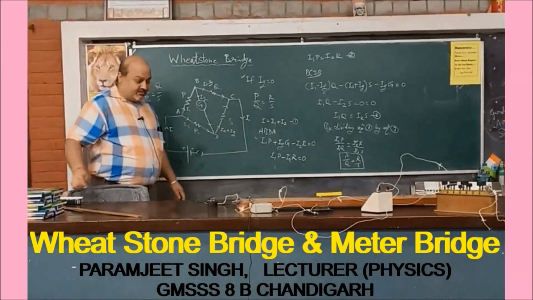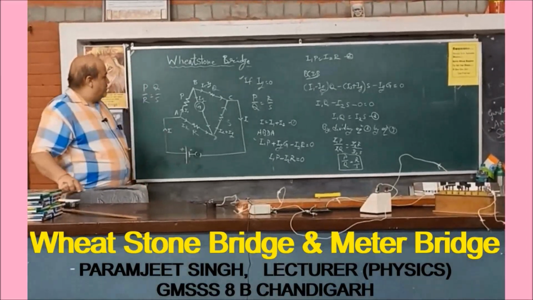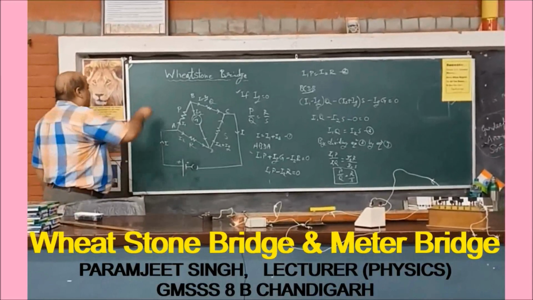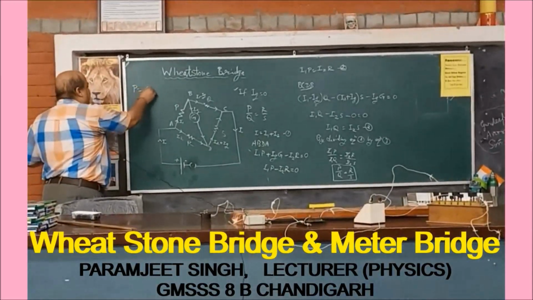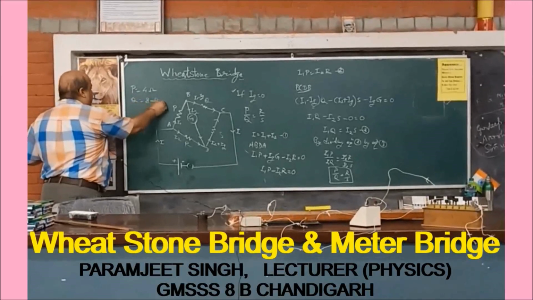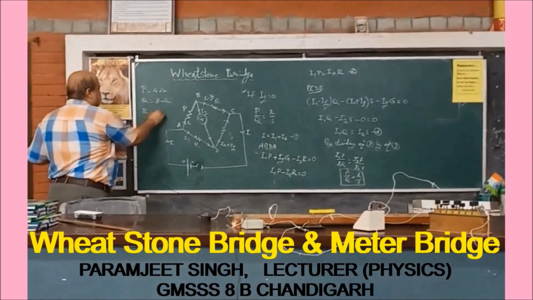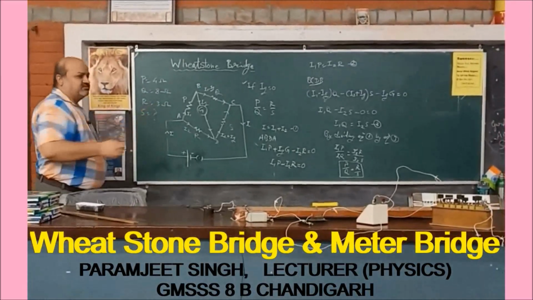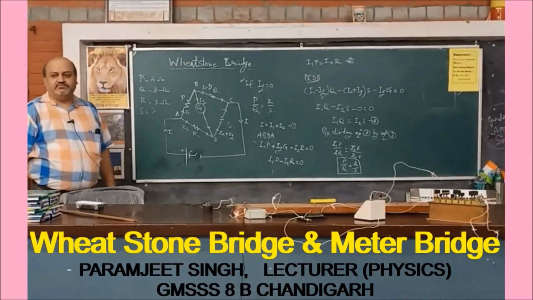Let us take a numerical example. If I say resistance P is 4 ohm, resistance Q is 8 ohm, and resistance R is 3 ohm, can you tell the value of S? S is unknown.